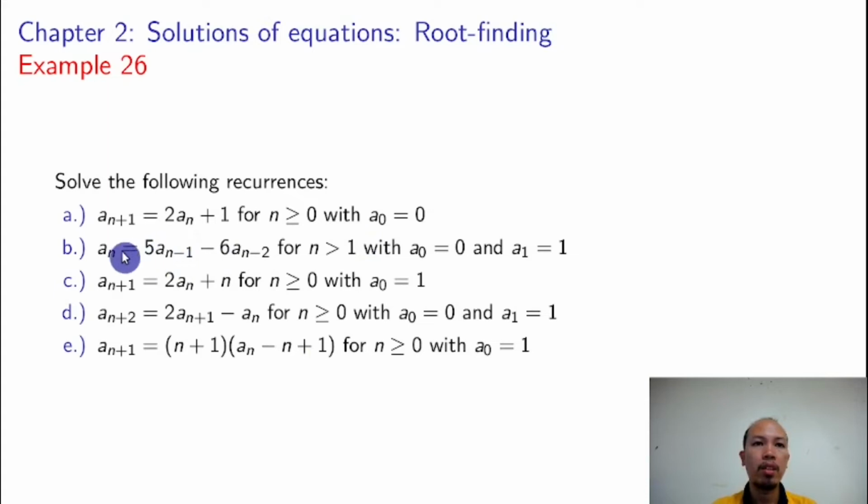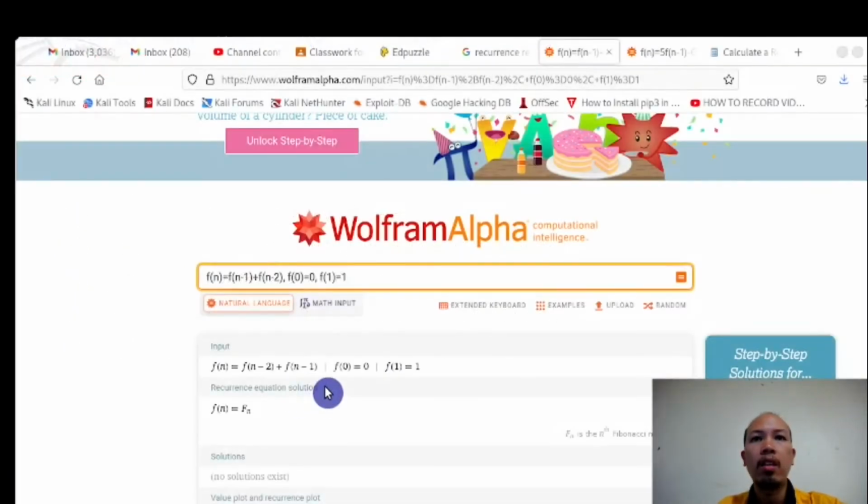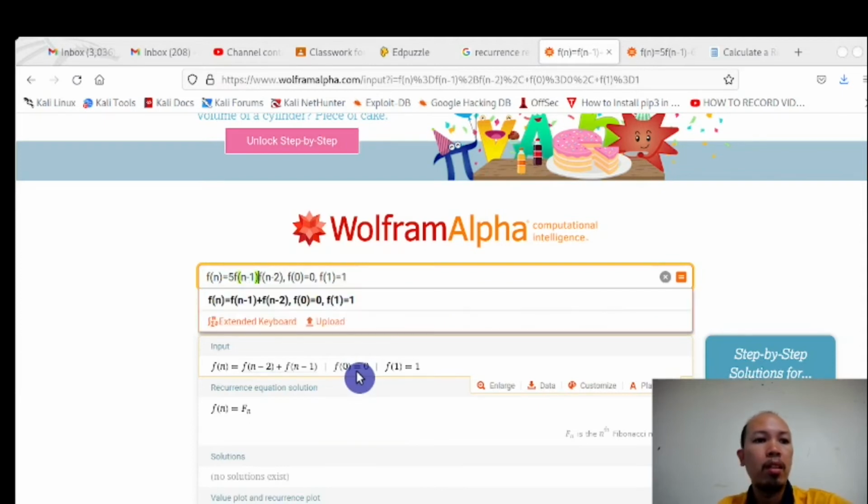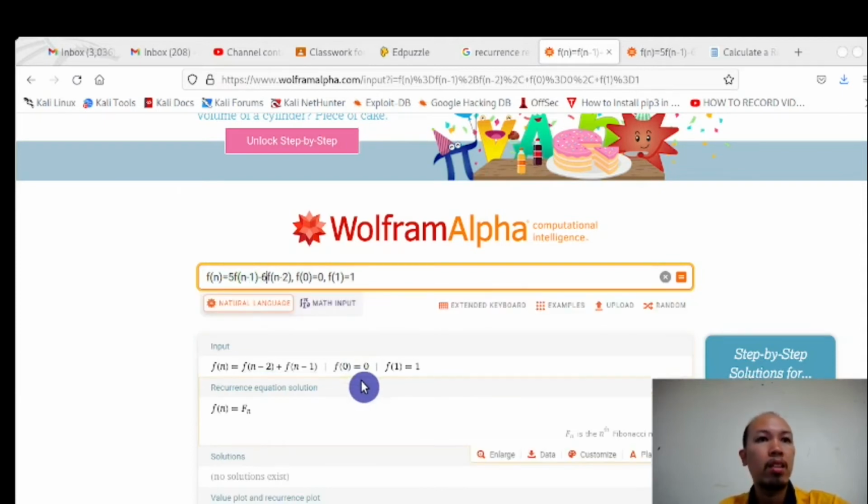Okay, so for example, if you want to get the elements of the sequence of letter B, example here, you can put it somewhere here, like a sub n is f of n. So we have 5 times f of n minus 1, or a sub n minus 1, minus 6 times f of n minus 2, or a sub n minus 2.